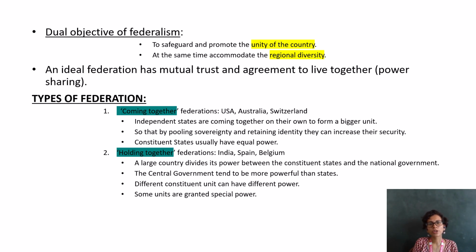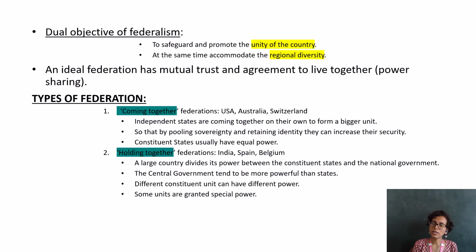And the last point is that some units are granted special power. As you know, Article 370 gave Kashmir a special status in India, like they could have their own flag, their own constitution, but in 2019 this special status was taken away.